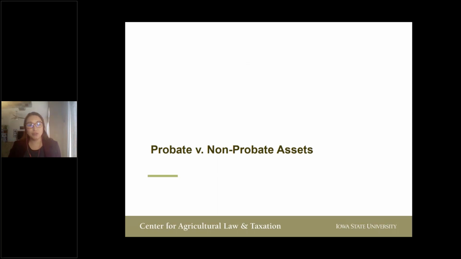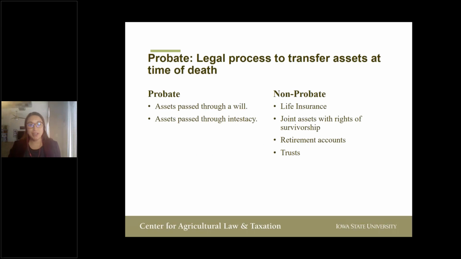But to start off, we'll look at probate versus non-probate assets. Probate is a word that you all have probably heard a lot. All it is is the legal process to transfer assets at the time of death. So it's how assets are transferred through the court. Any probate assets that are passed through a will will go through the court system, as well as intestacy.